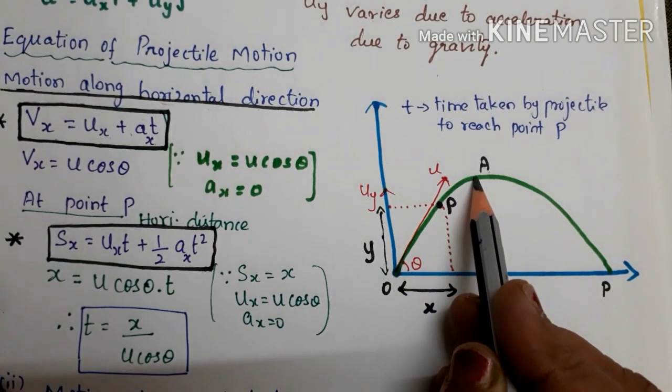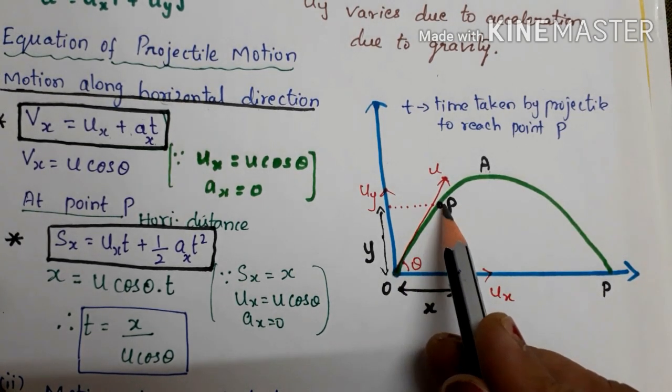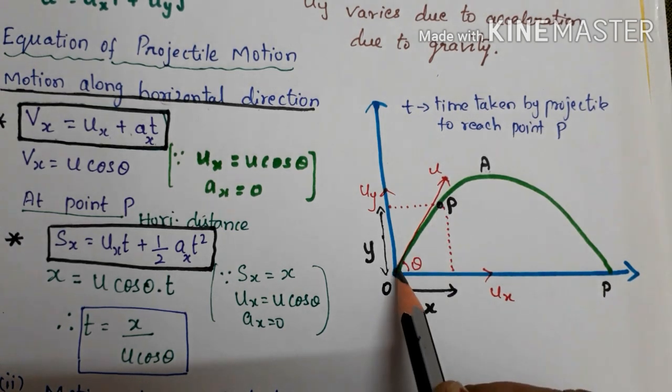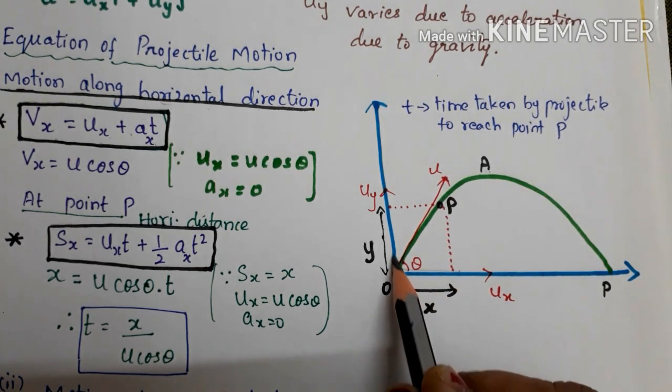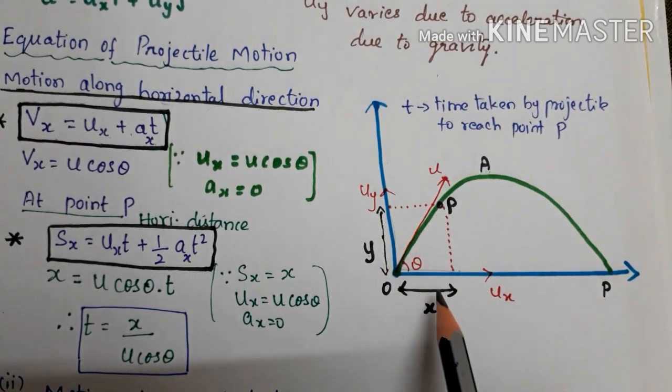In between these two, from the ground level up to the maximum height, you consider an intermediate point P. The projectile reaches this point P in time t. With respect to this point P, this will be the horizontal distance x and this will be the vertical distance y.